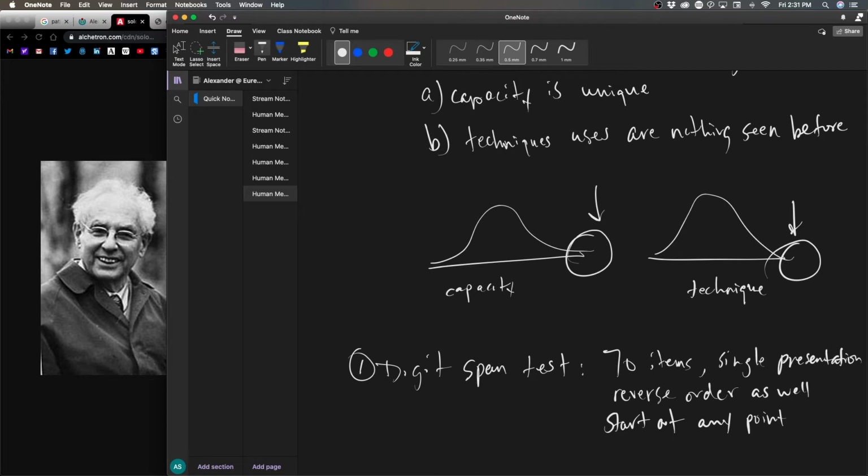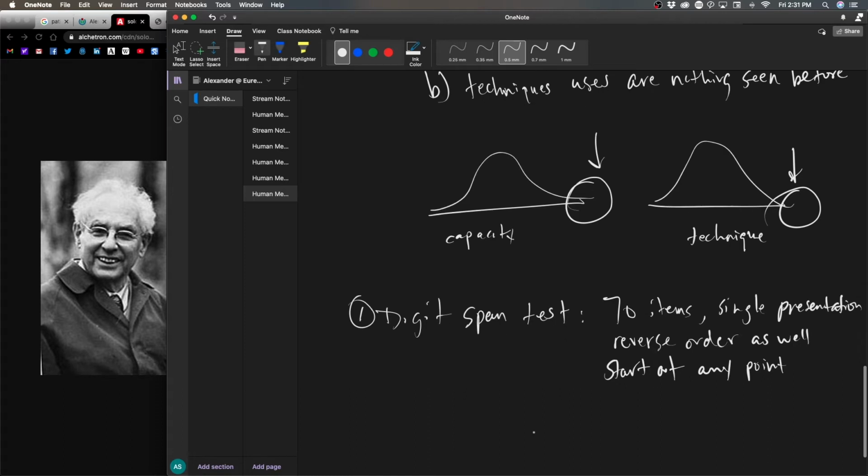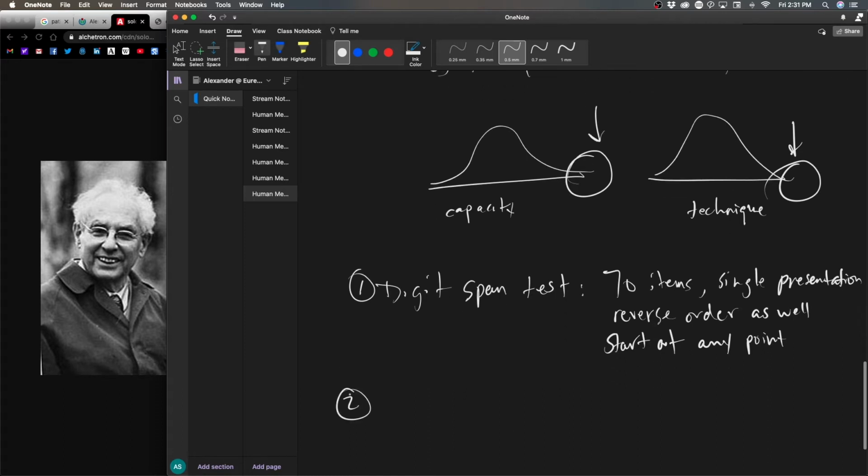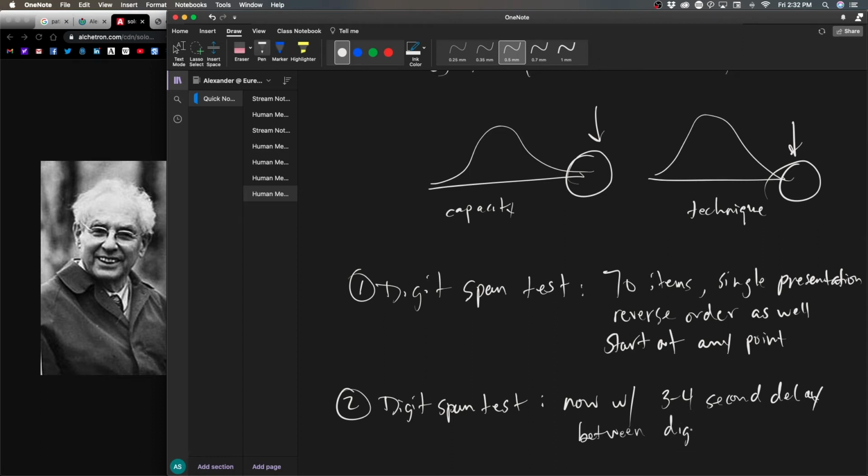So what did he do next? Well, he decided, okay, let me give you a list. Digit span test, now with a 3 to 4 second delay between digits. Because generally speaking, you just say one digit after the other when you do this.